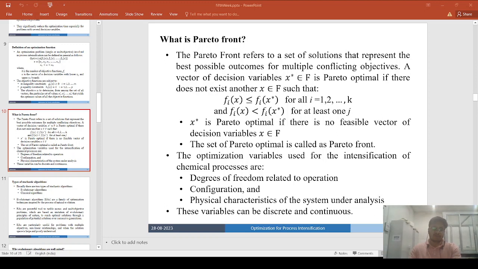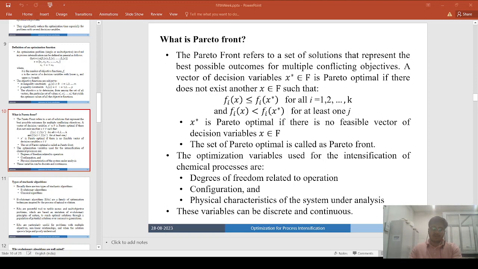There the computational model will perform the optimization and compute the optimization problem for you based upon whatever algorithm you might choose, and based upon that you might be able to get a certain optimal solution. Those are called the Pareto front.